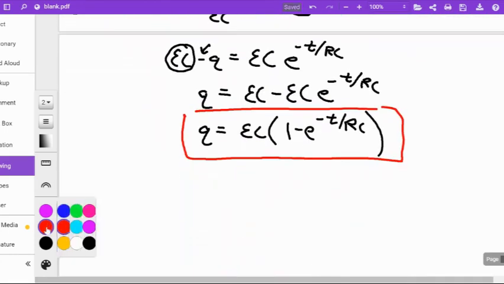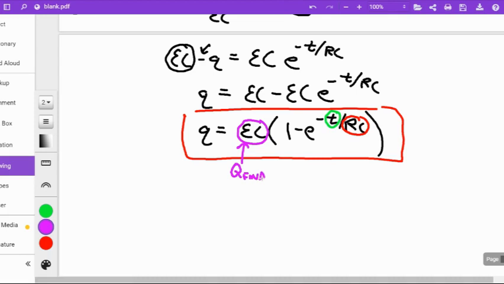And look, the time is in there. Again, here's t. And again, your RC is built into it. You're dividing it. And again, think about this term out in front, EC, that's really kind of like your big Q, the Q final, right? So now that gives us that graph that we expected for Q versus t, all right?